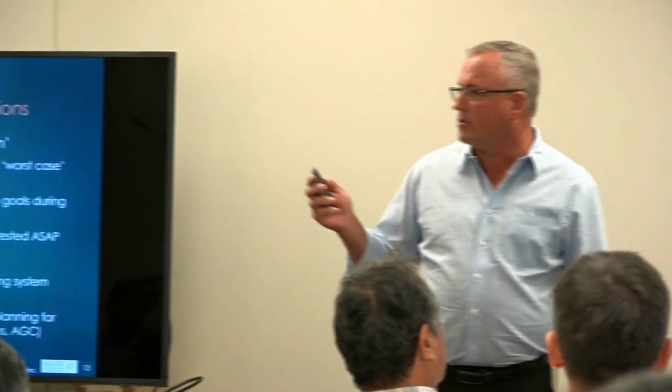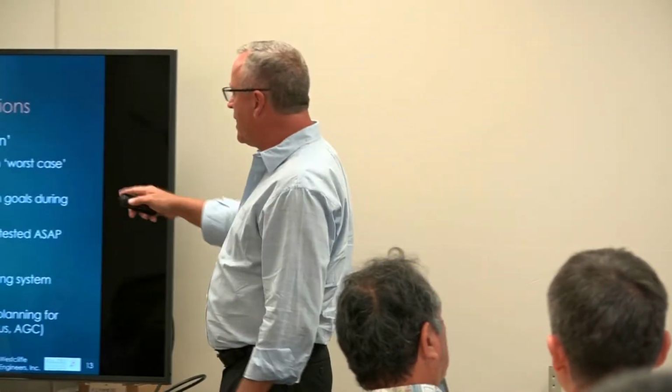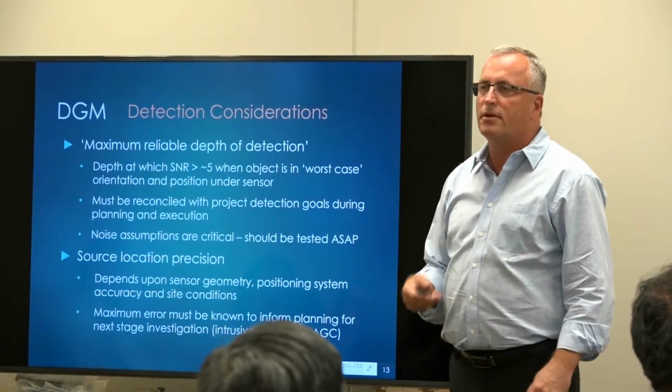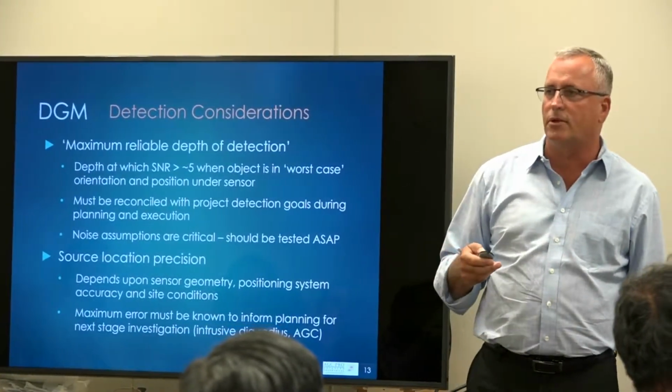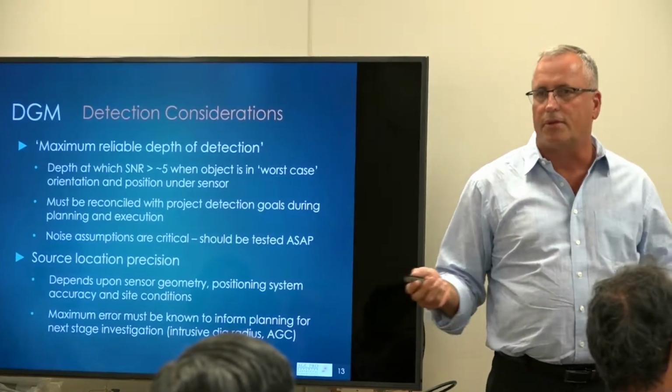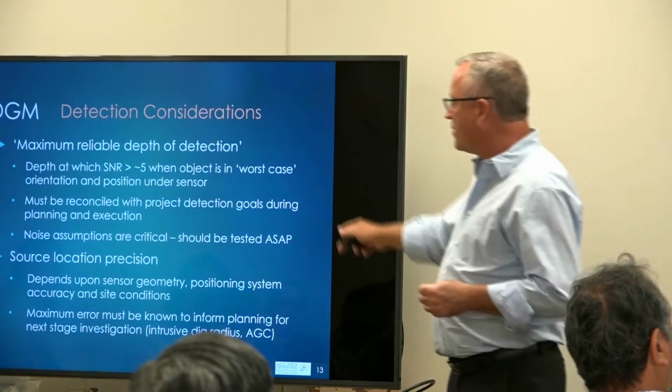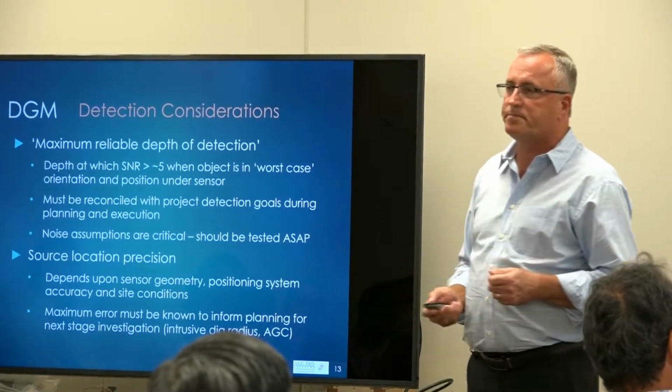And the noise assumptions that you make when you're planning, when they go to the field, you need to reassess them. You need to be able to look at what they said they're going to get and see what they got, as part of validating the whole process.